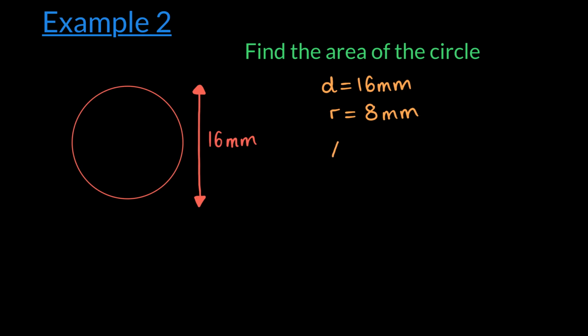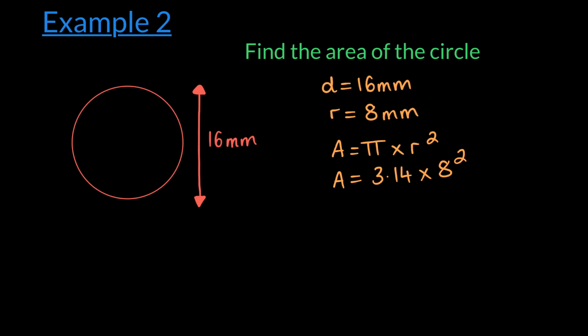So we'll copy down our formula again, do that for every question, even though it can be quite repetitive. If we're doing a full exercise of area questions, we need to get into the habit of copying the formula down at the start of every one. So A equals pi times r squared, which is 3.14 times 8 squared.